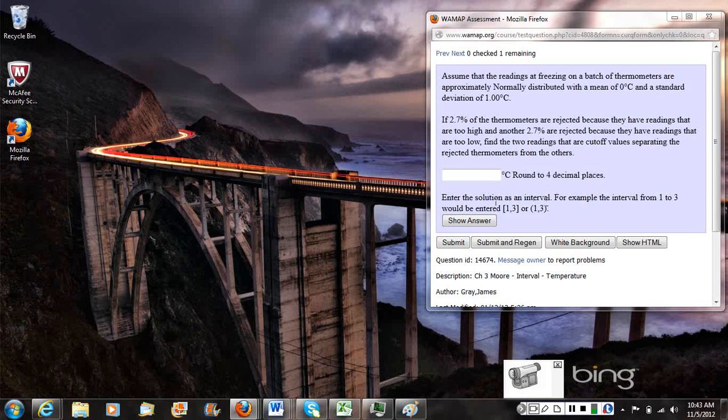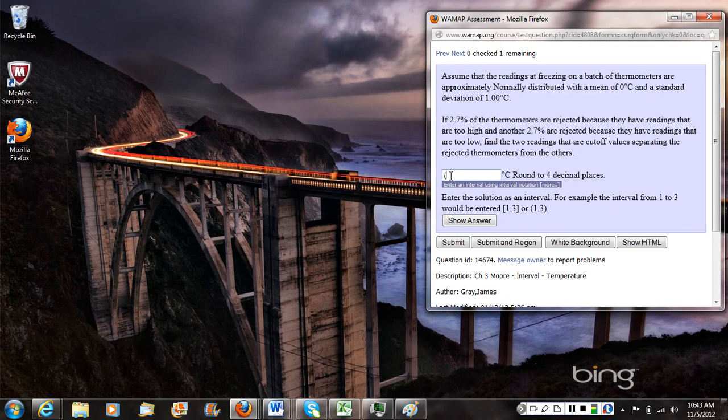So we can use parentheses here to show our answer and a comma. So the way I would type it in is I would do a parenthesis, negative 1.9268, like that, and then a comma, and then positive 1.9268, and then close those parentheses, and that should give me the correct answer.